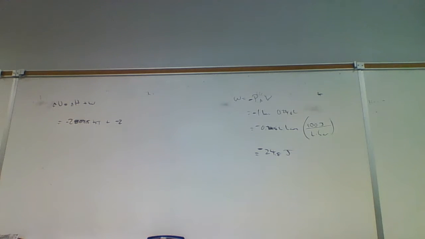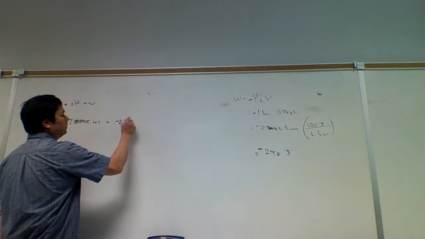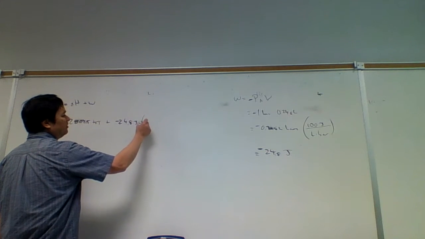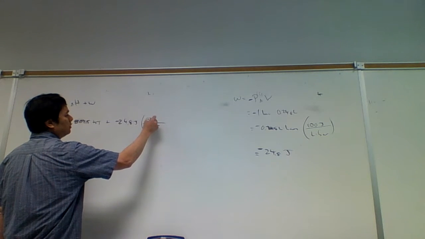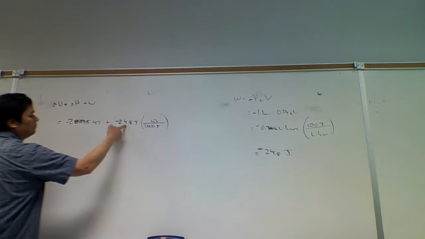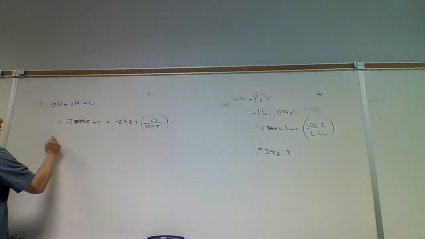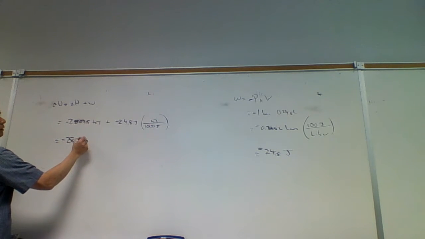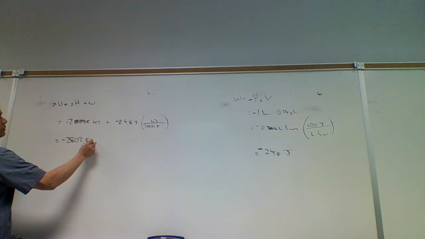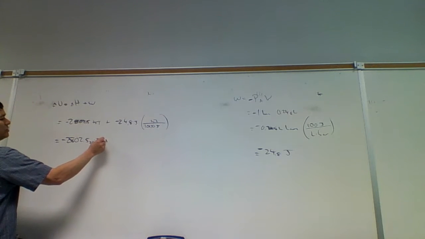Plus or minus 24.8 joules. And then we'll have to convert that into kilojoules, which is going to move the decimal 3 over. And so this is going to be minus 2802.5248 kilojoules.